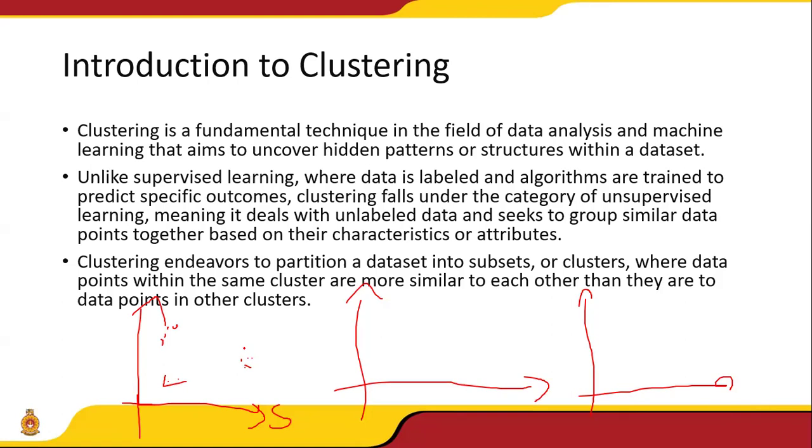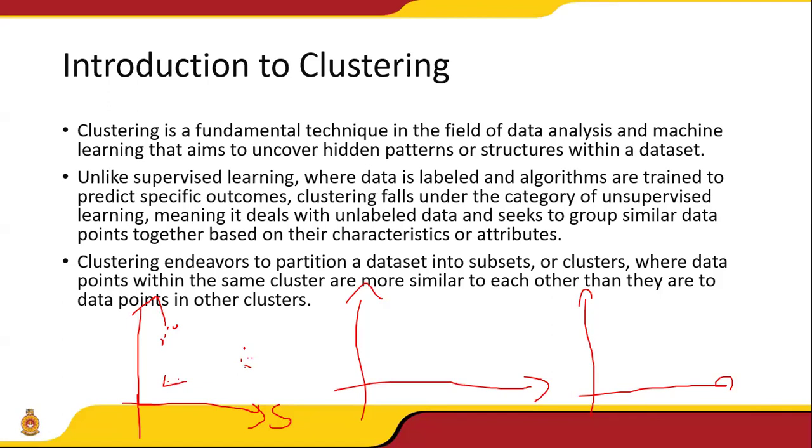Since you have eyes, you can visualize and understand. But the computer has no eyes, right? So what it does is calculate the distances and find the nearest node for each point.